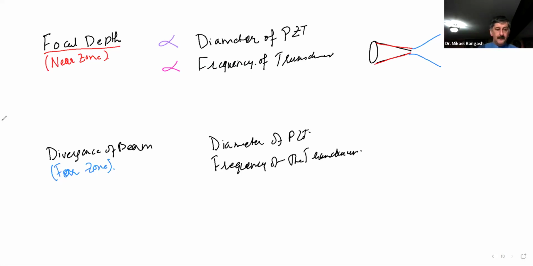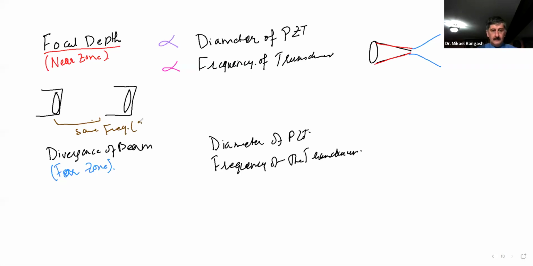Right. Now if you look at each of these individually, what would that mean? If you, for instance, have two different transducers, and let's just say these two transducers have the same frequency.